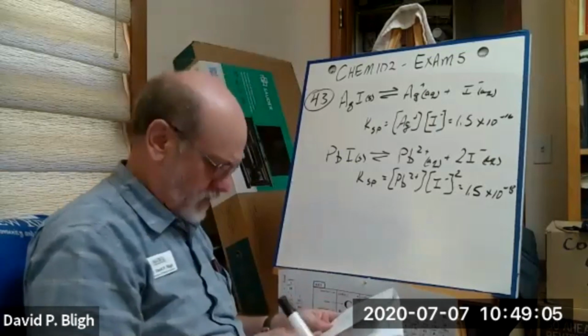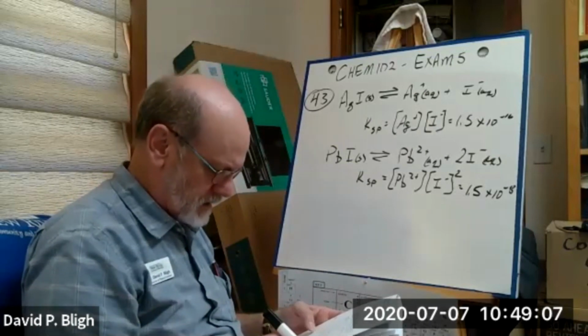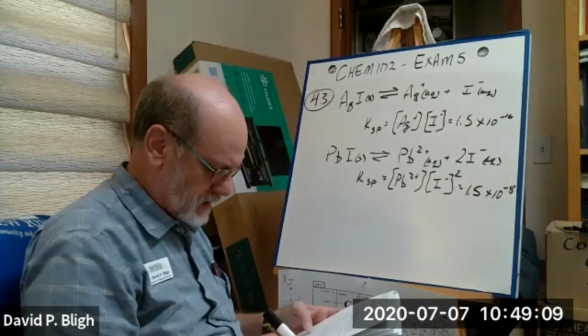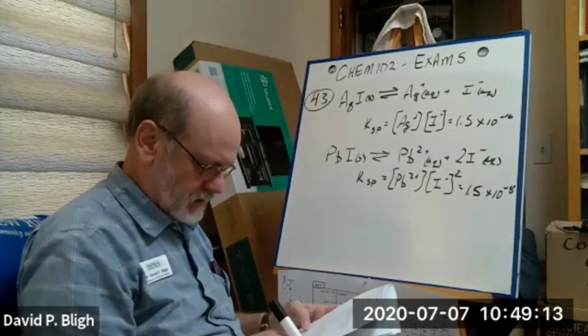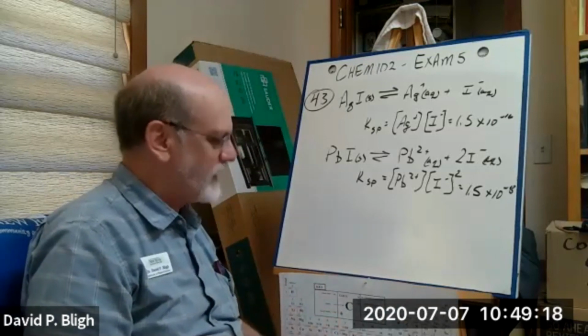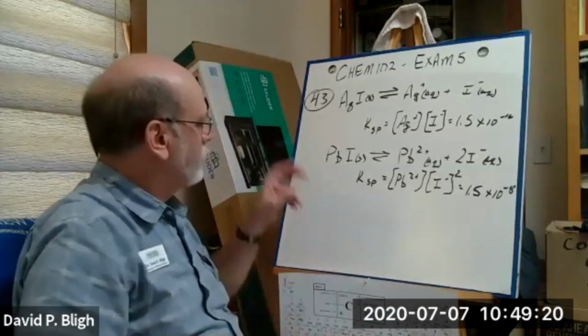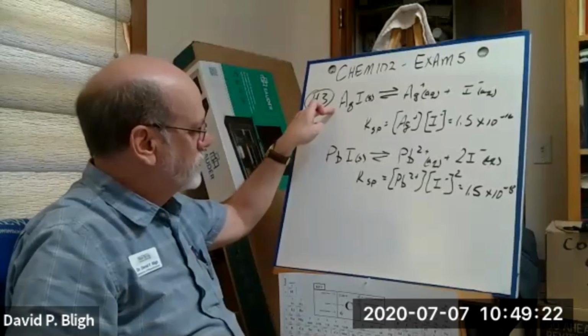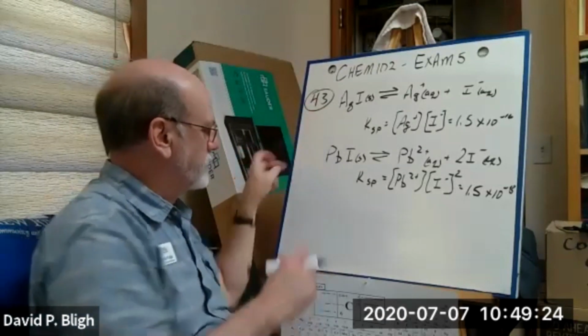So what else are we given? Nothing. The question is, what's the maximum concentration of iodide ions that will precipitate this one and not that one?